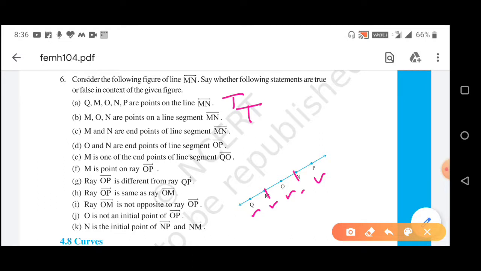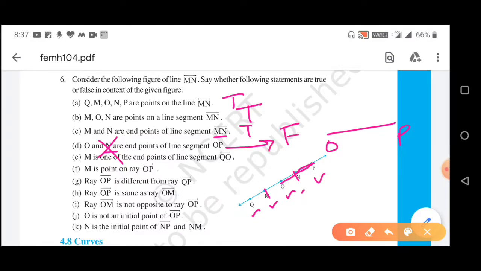Question number C, M and N are endpoints of line segment MN. Yes, M and N are endpoints of the line segment. Since here it is given line segment, so it is true because line segment has 2 endpoints. Question number D, O and N are endpoints of the line segment OP. So, if we take the line segment OP, then the endpoints are what? Line segment OP means the endpoints are O and P, not O and N. So, question number D will be false.